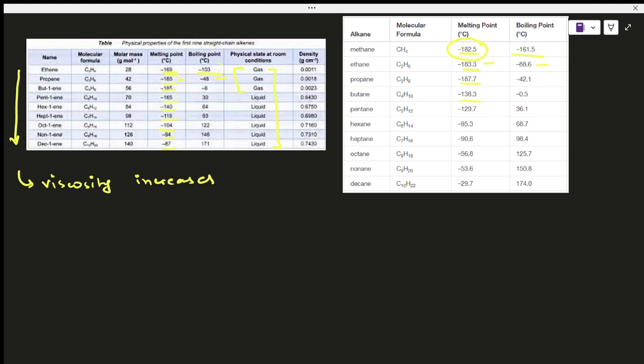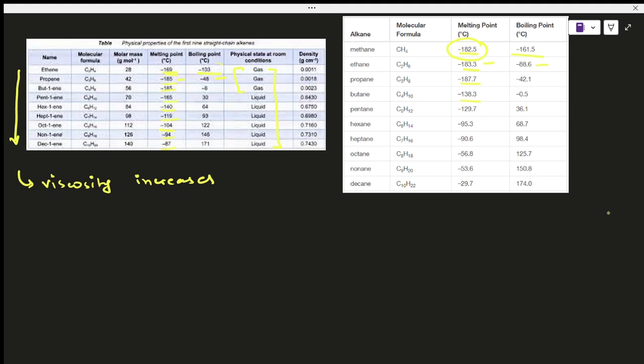The molecular sizes are increasing, so the viscosity is also increasing, and this is also due to the stronger force of attraction between alkene molecules, because that's what I also told you just above. As we go down the series, the forces of attraction are going to increase.